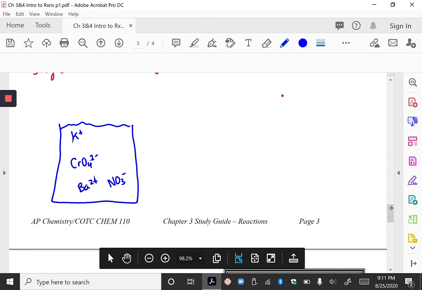Same thing with the barium and the nitrate ions. If they meet up, they get close together, they attract, but then they make something that is soluble, so the water gets right in between them and separates them again. How about if the K plus and the NO3 minus meet up? Same thing. Opposite charges, they attract, but they make something that is soluble, so the water is able to get in between these ions and split them up again.